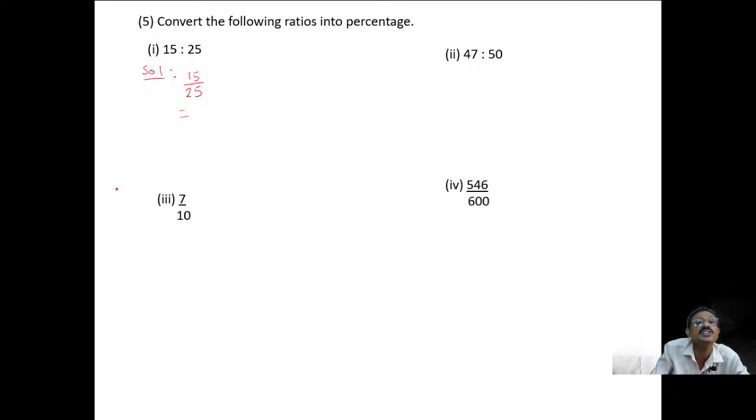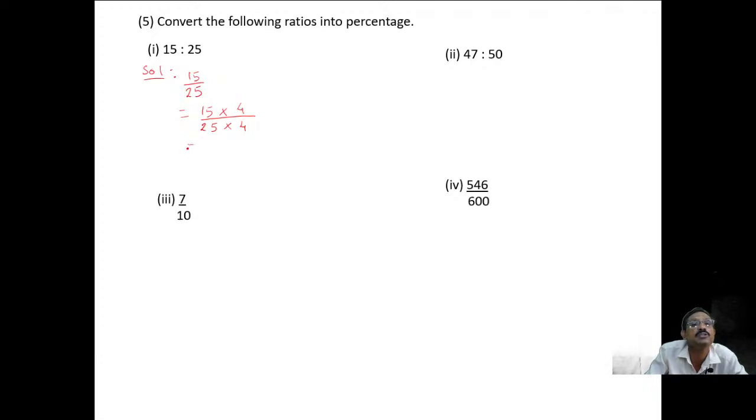Now let us see which number on multiplication gives us 100. So we have 15 multiplied by and 25 multiplied by. So 25 multiplied by what gives me 100? We have solved so many examples now. We know that 25 fours give me 100. Now the same 4 has to be multiplied up.